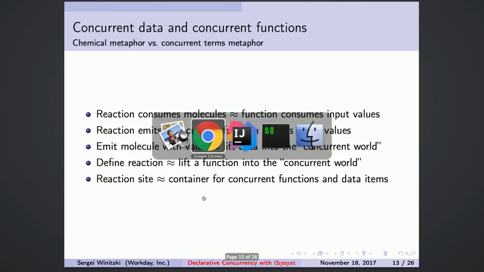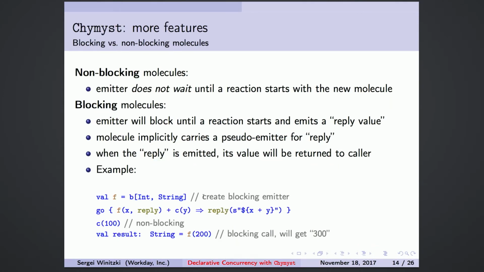So let me perhaps show you, I have to show you this first. There's one other feature, which is the blocking molecule. So right now, we have seen all molecules are non-blocking. So you emit these molecules into the soup, but you don't wait for anything.